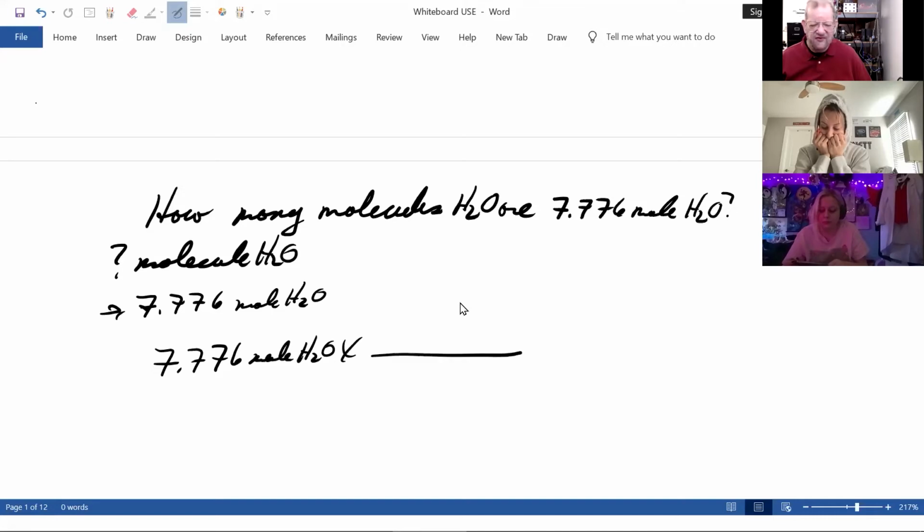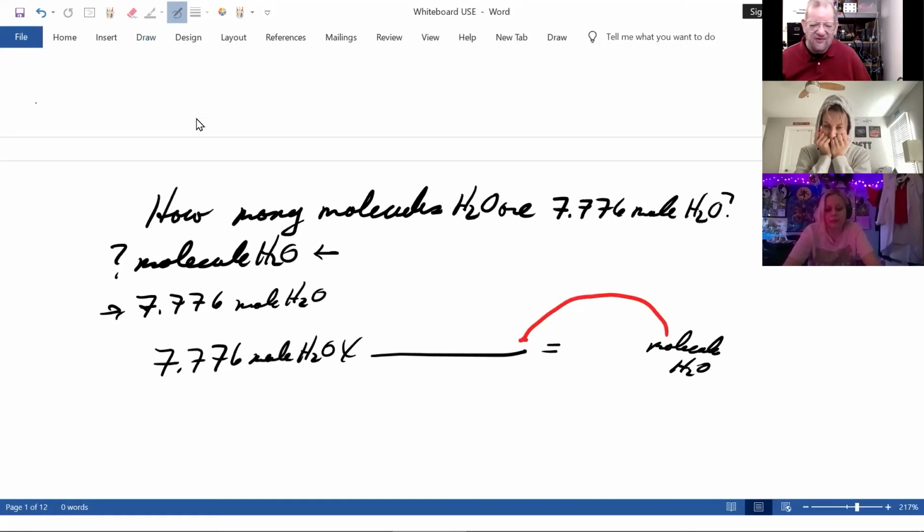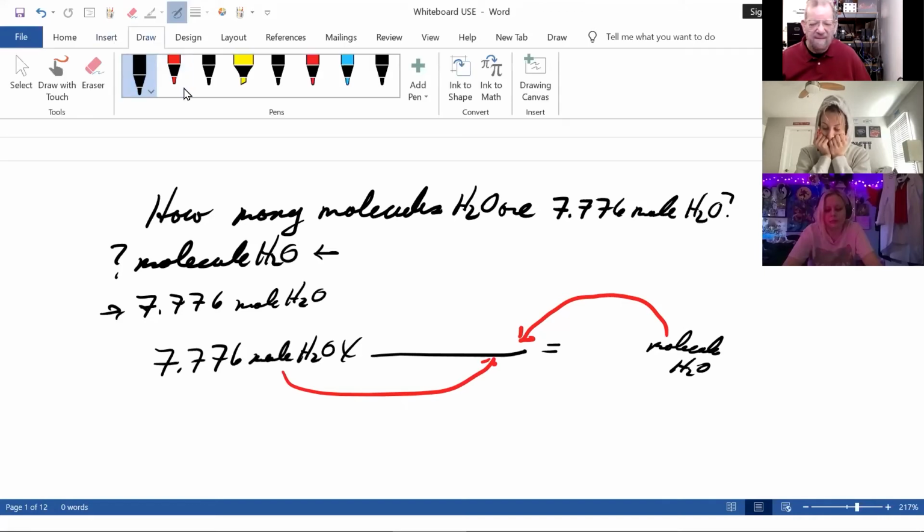And then if there was some ratio I could use to convert it to my answer, the units of my answer, what units do I want? Well, we figured that out. It's molecules, water. And now it's time to use your good buddy, your good friend, and my good buddy and my good friend, unit analysis. Whatever we're trying to get to goes on top. Whatever units we're trying to get rid of go underneath.